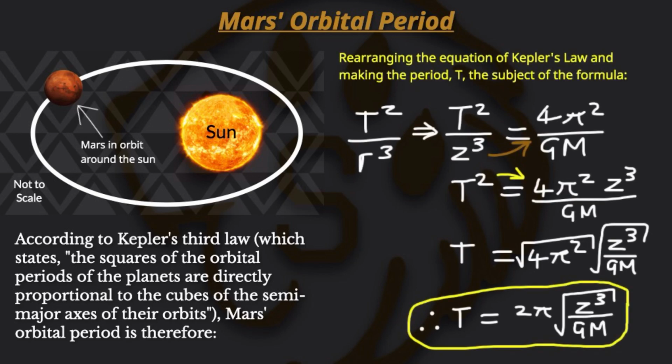So with this in mind, let us now derive the equation that we're going to be working with. The square of T is the square of the orbital period. The orbital period is represented with the symbol T, and R is the separation of the masses, or what we call the semi-major axis of the orbits, which is that longest diameter of the ellipse, and that will be cubed according to Kepler's third law.